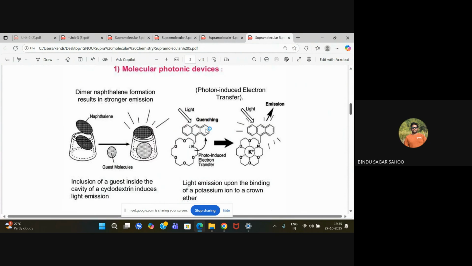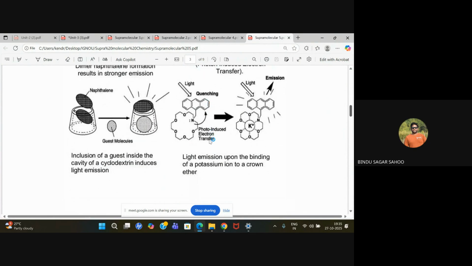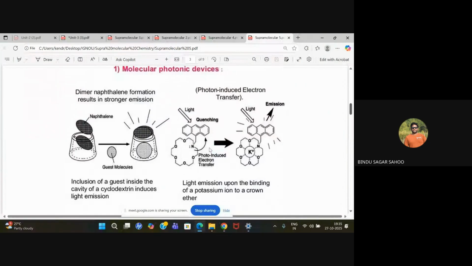Here also you can see another fundamental method. Here light emission occurs after the binding of the potassium ion to a crown ether. Initially this crown ether complex is not emitting light, or behaves just like a quenching process.